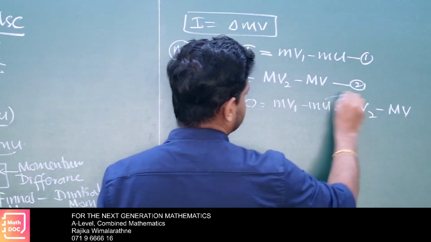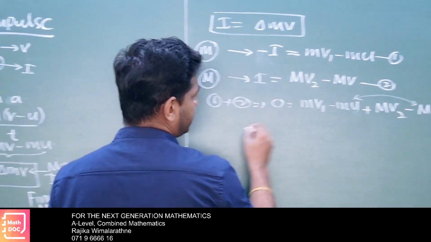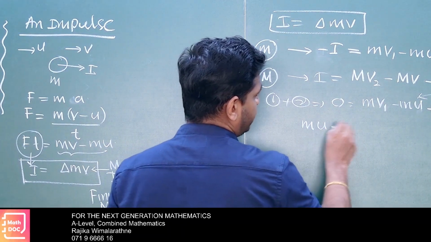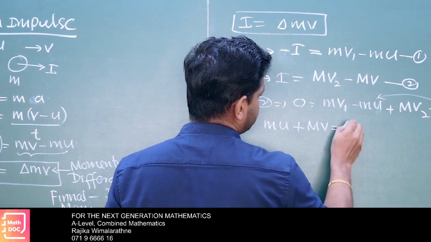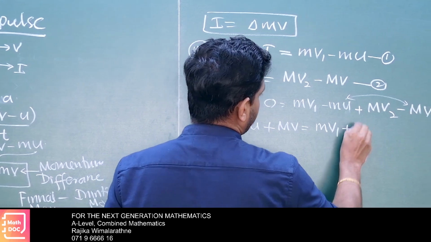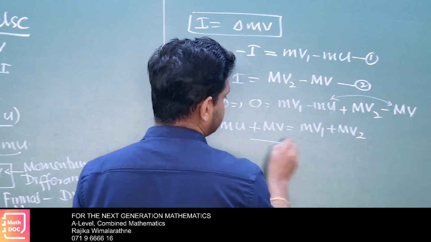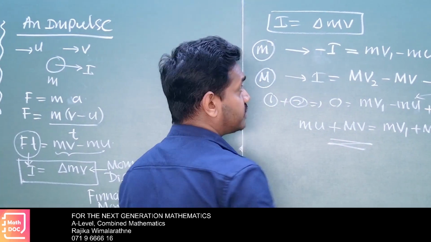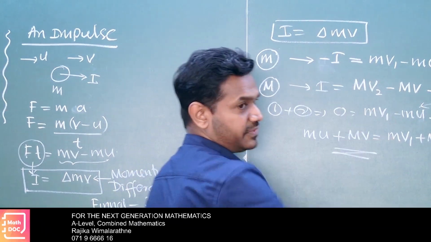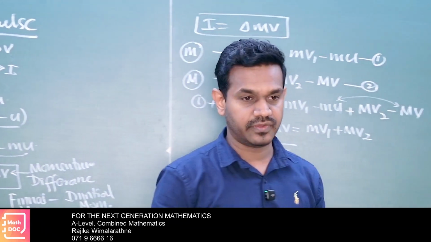Taking the initial momentum to the other side, mu plus Mv equals mv1 plus Mv2. This is conservation of momentum, and we can obtain it using the I equals delta mv formula.